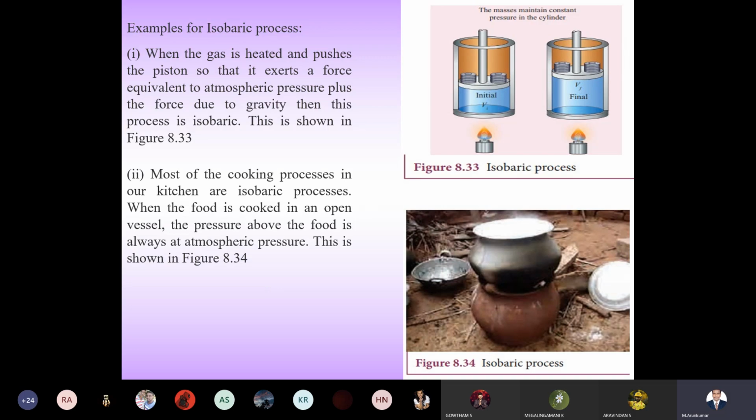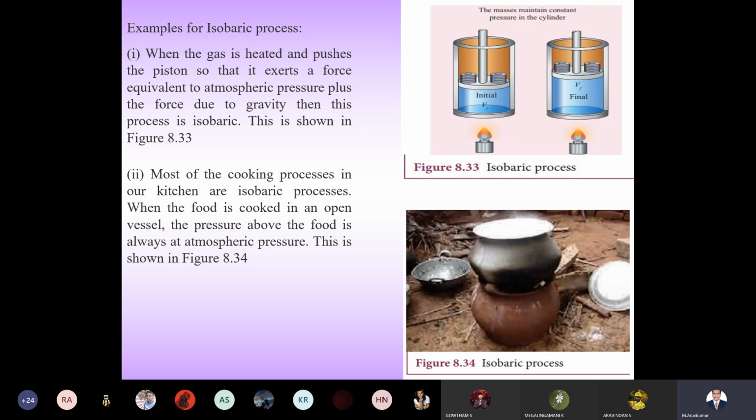Then these are examples of isobaric processes. When the gas is heated and pushes the piston so that it exerts a force equivalent to the atmospheric pressure due to gravity, then this process is an isobaric process. The first figure shows the isobaric process in a piston cylinder arrangement.